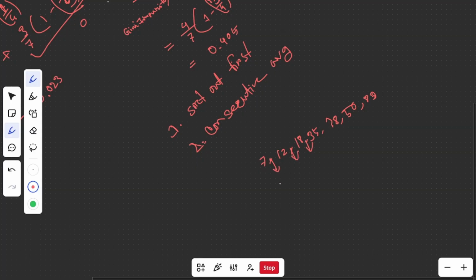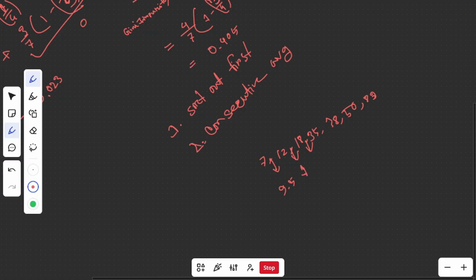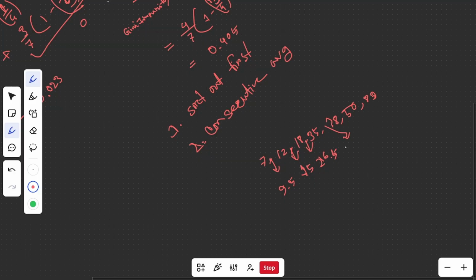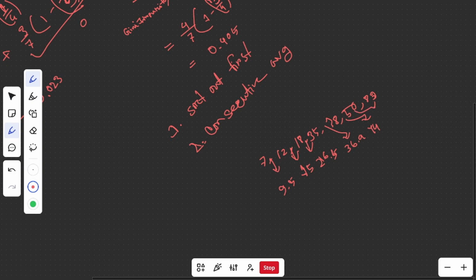Okay, so 7, 12 is 9.5, 12, 18 is 15, 18, 35 is 26.5, 35, 38 is 36.5, and 38, 50 is 44, and 50 and 83 is 66.5.